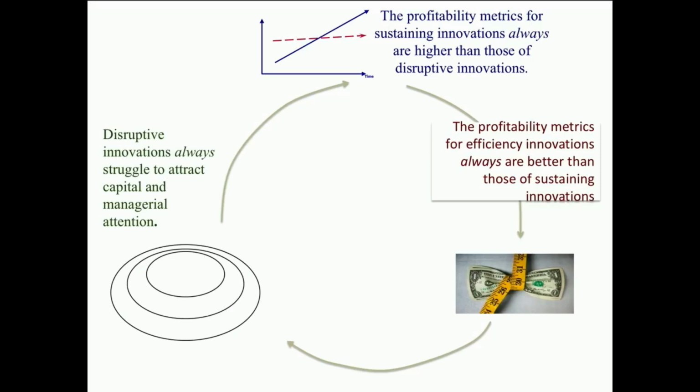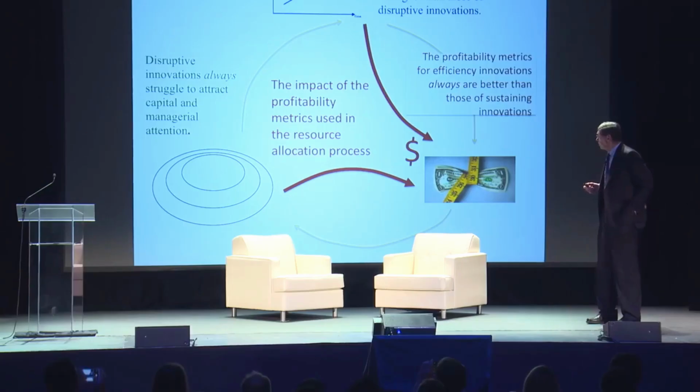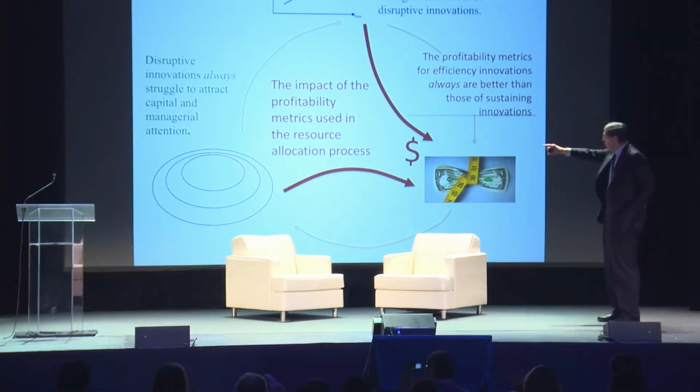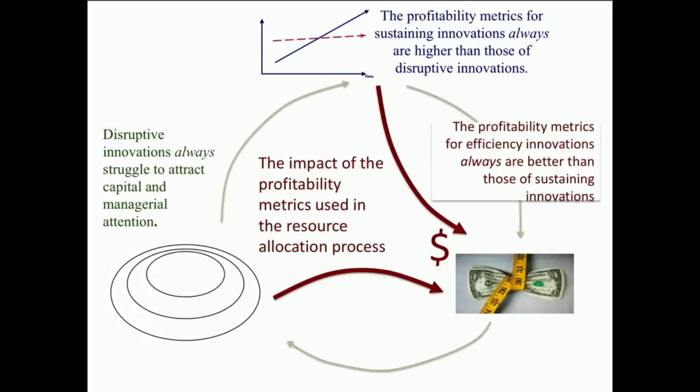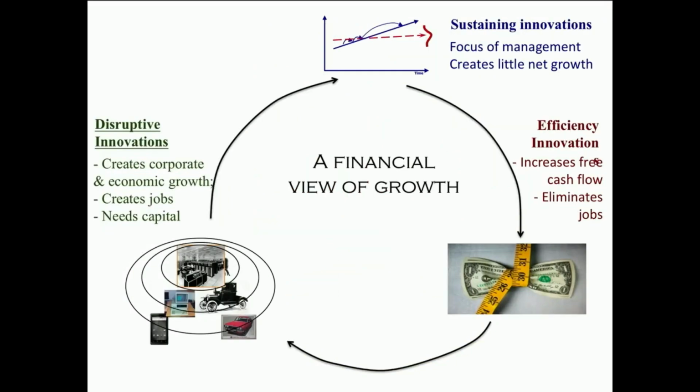And it's in the math. And the result of that is that the metrics that we use on the prior slide take the capital of a company and funnel that in the resource allocation process to spend more and more of our money in efficiency innovations. And that's the problem.